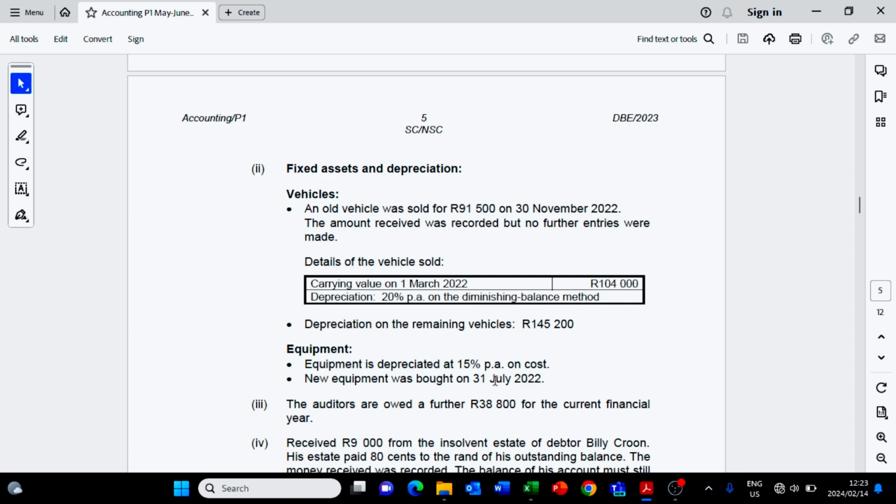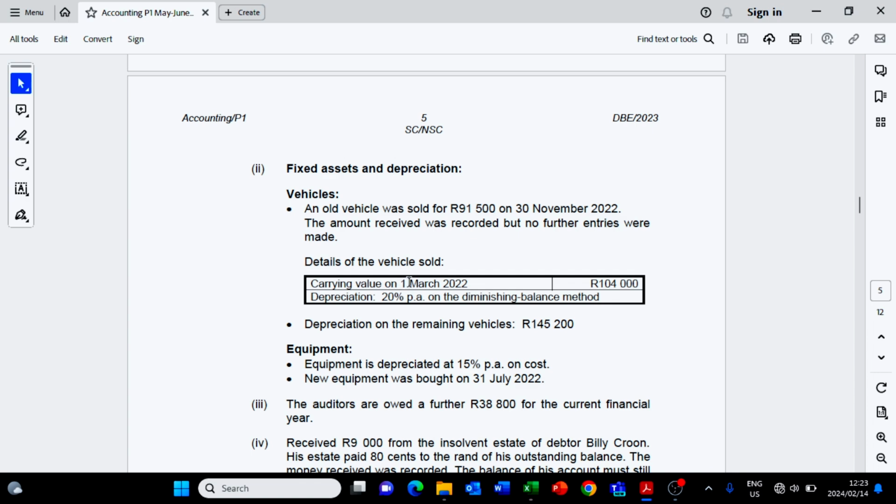So here's what we are going to do. We are going to calculate how much was the depreciation of this vehicle that was sold. So we are going to count first how much it spent this year.